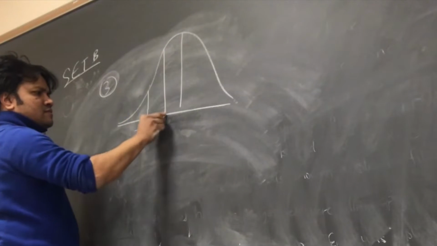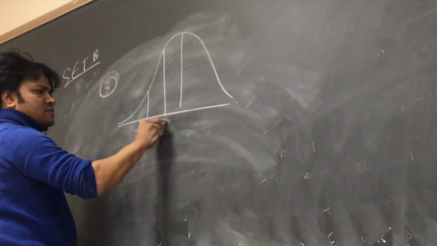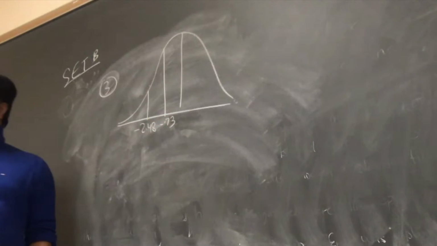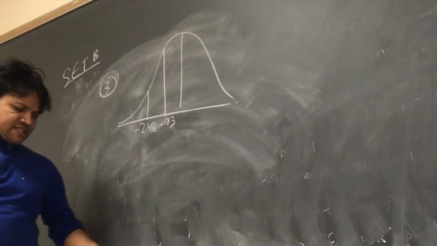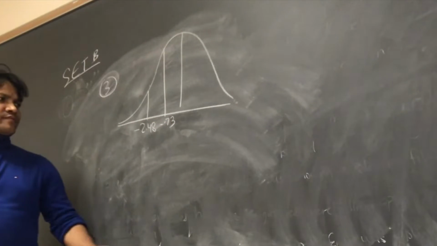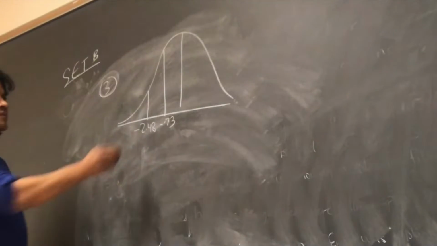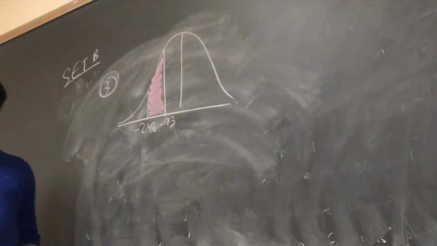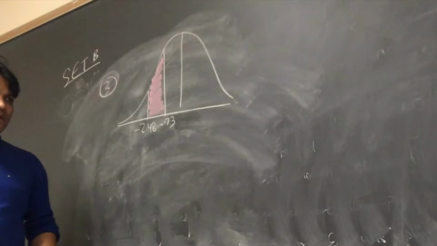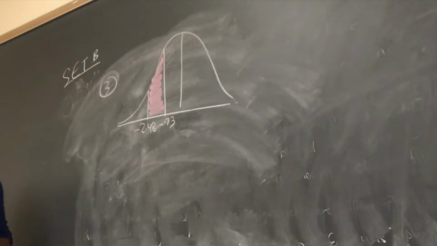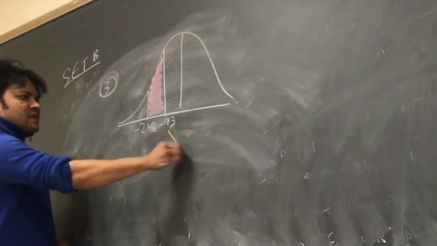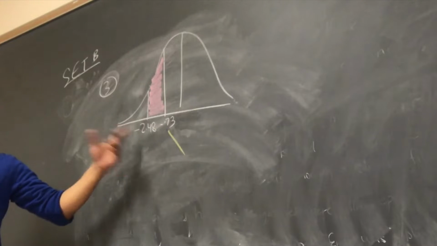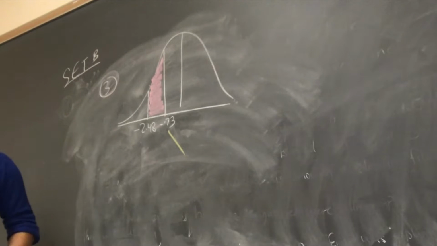Okay, so this one is interesting. We want to find this area. In order to find it, let's find this one, and let's find this one and subtract from each other, and that gives us the answer.